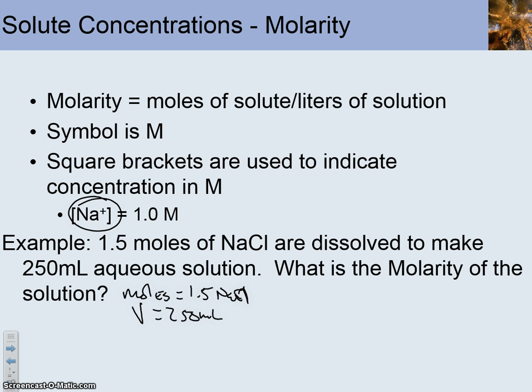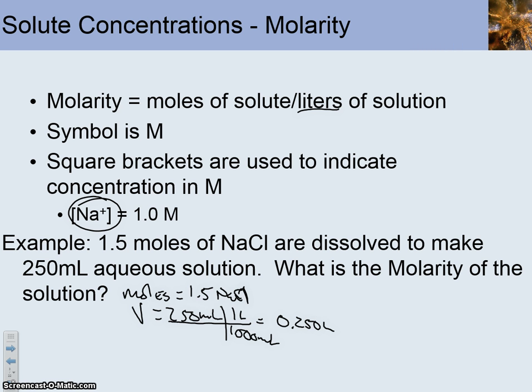By definition, molarity has to be in terms of liters, so we're doing a quick dimensional analysis. There are 1,000 milliliters in 1 liter, so that gives us 0.250 liters.